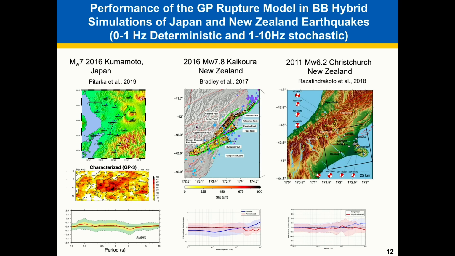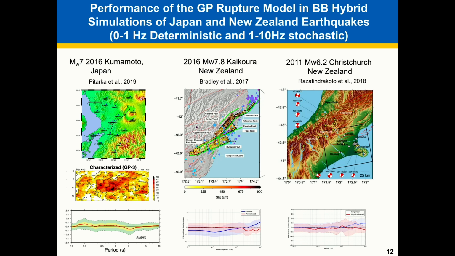And if we now move to other areas, one of them is Japan and the other one is New Zealand. Brendon Bradley has done extremely valuable work on developing ground motion modeling techniques that have been tested heavily on really good data.